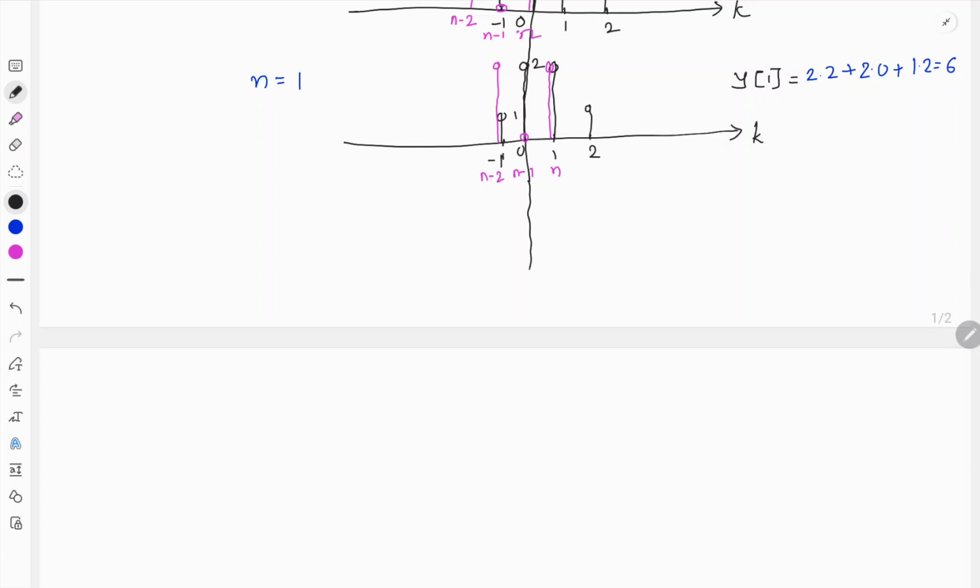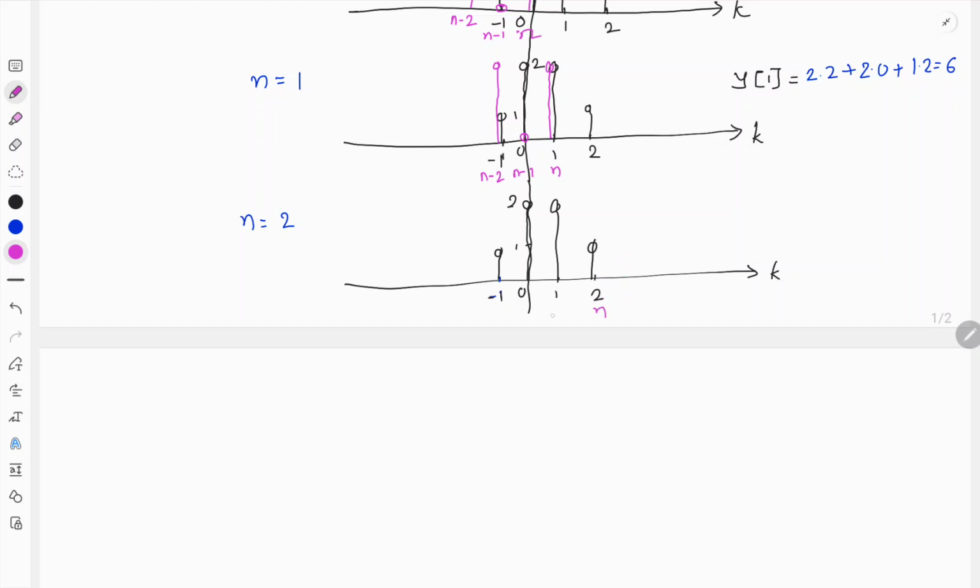So here the value of n will be equal to 2. First of all, draw x. So it is 1, here it is 2, here it is 2, and here it is again 1. Draw h of n minus k with n equal to 2.